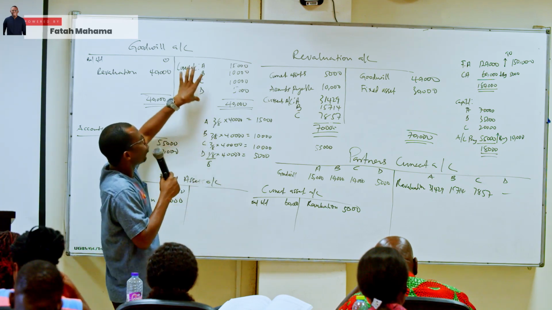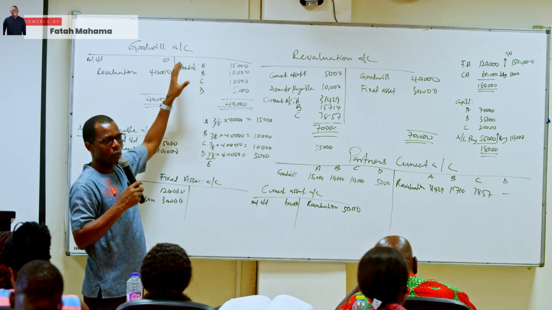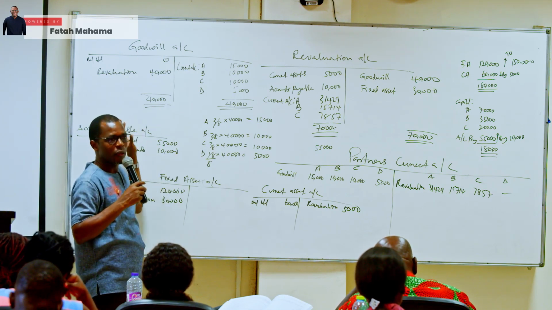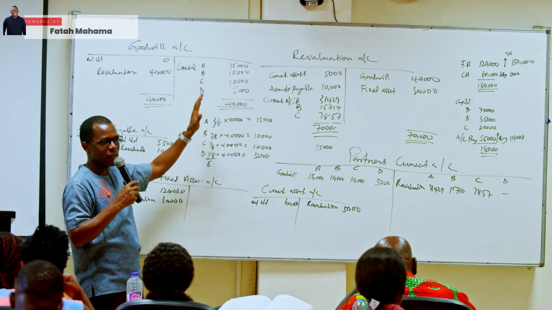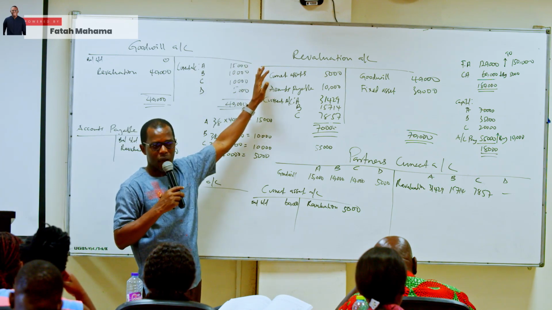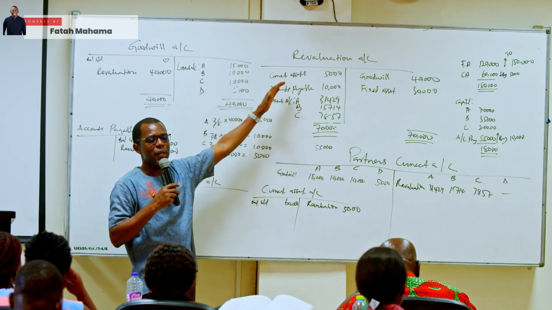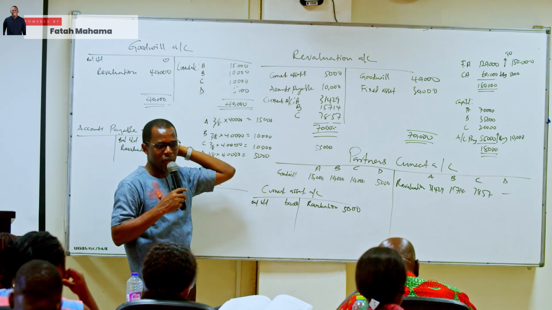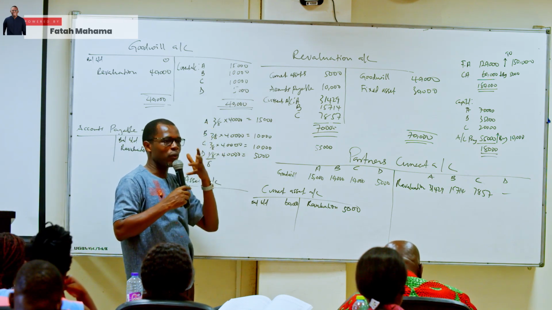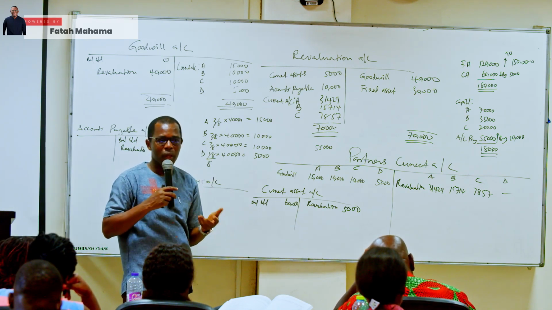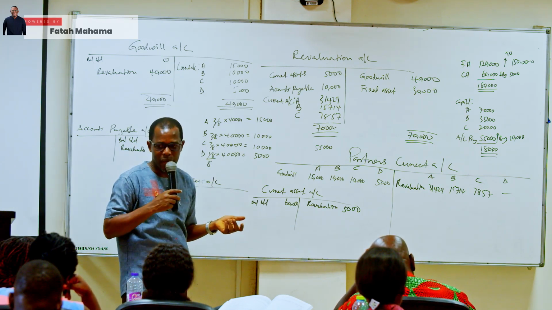So to write off the goodwill, we know that if the goodwill is an asset, it's in the books. You want to get it out of the books, to cancel it, credit it. But we know in accounting, we don't do single entry. When you pass a credit, there must be a corresponding debit. In the previous example, because I was using a capital account, the corresponding entry went to the capital account. Here we are not asked to do the capital account.